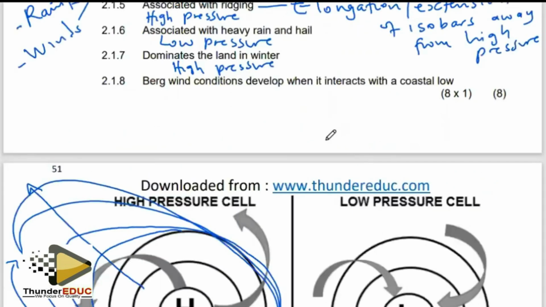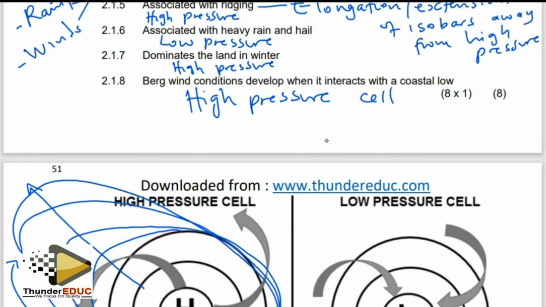So big wind conditions develop when it interacts with a coastal low. That will be a high pressure, a high pressure cell.